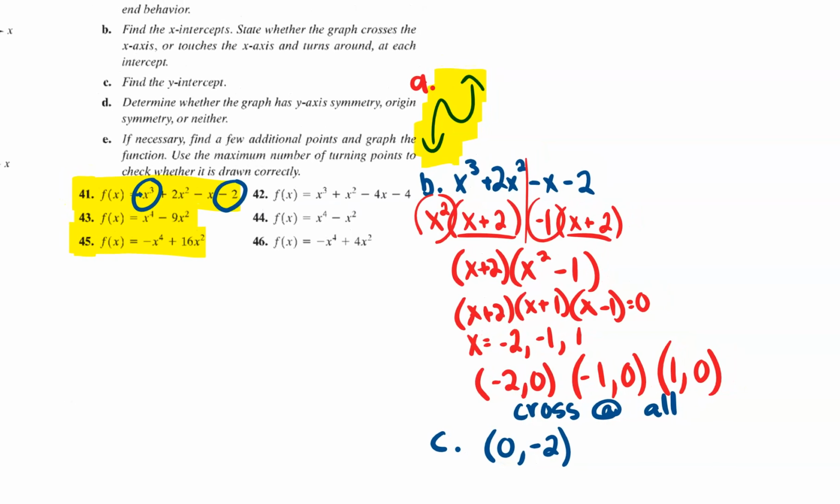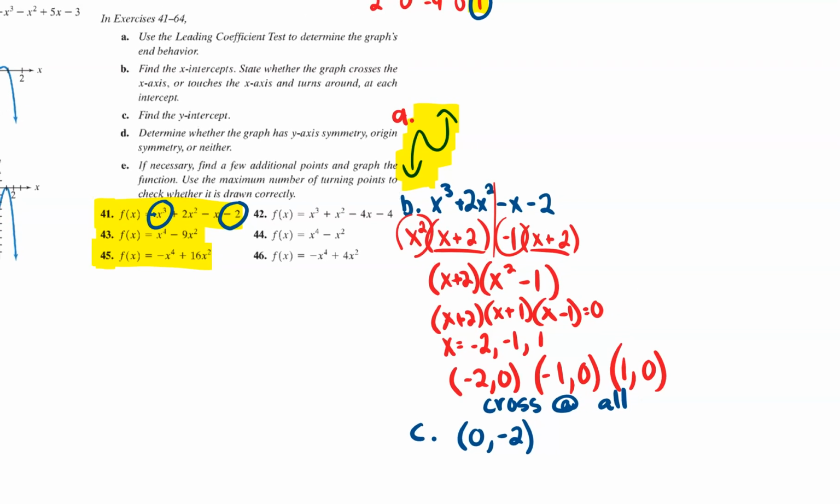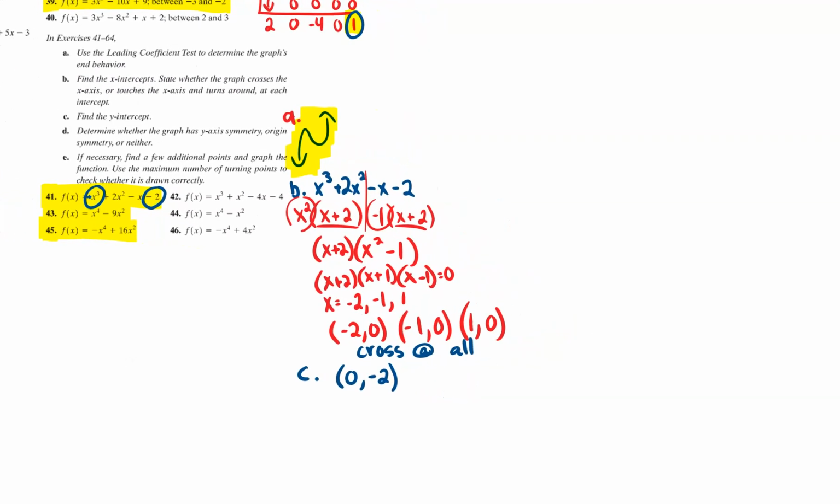All right. Determine whether the graph has y-axis symmetry, origin symmetry, or neither. So on this one, I'm actually going to start graphing it a little bit since I have some information, and that'll help us determine the answer to D. So I'm going to zoom out a little bit.